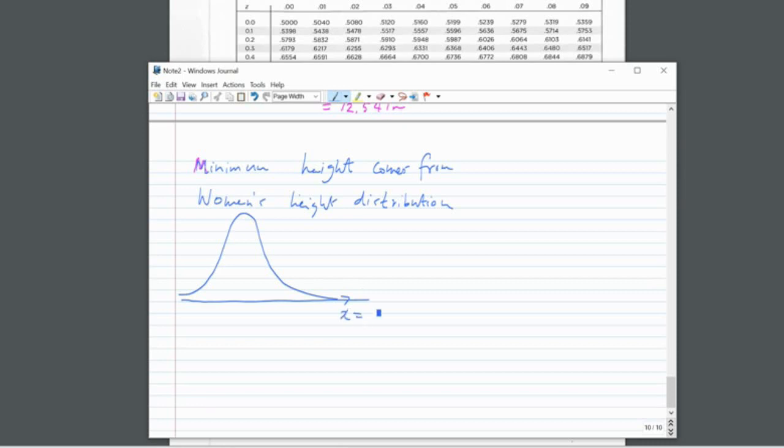So X stands for women's height. Let's look at the question again.